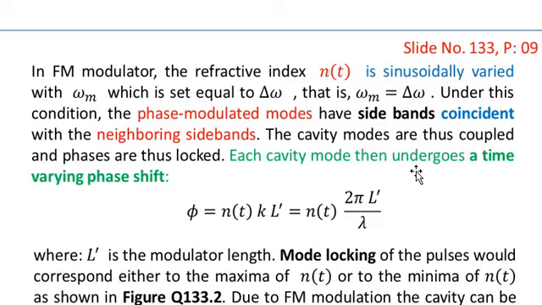Each cavity mode then undergoes a time varying phase shift given by this relationship, that is phi is equal to n as a function of time multiplied by k multiplied by L prime, where L prime is the modulator length, lambda is the wavelength, and n of t is the refractive index of the modulator.